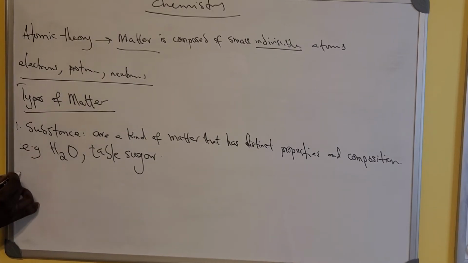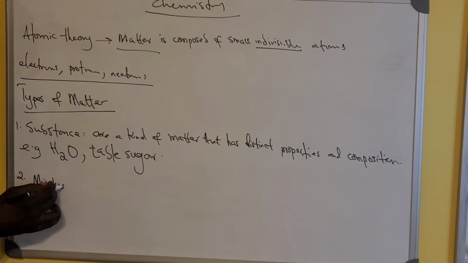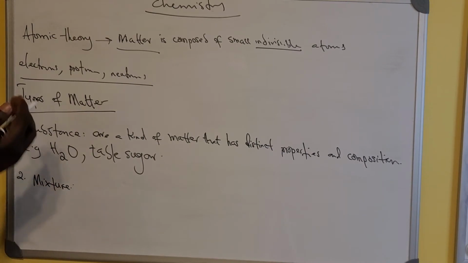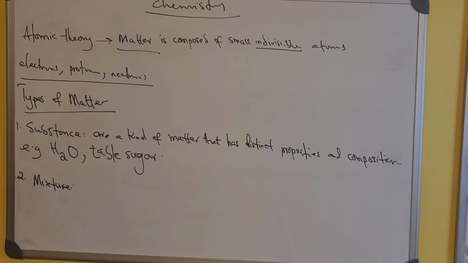Another type of matter that we have is a mixture. A mixture is the combination of different substances, different types of matter. So, for example, you have water, and you have, say, stone. That is a mixture. Stone and water. But that's a different kind of mixture.